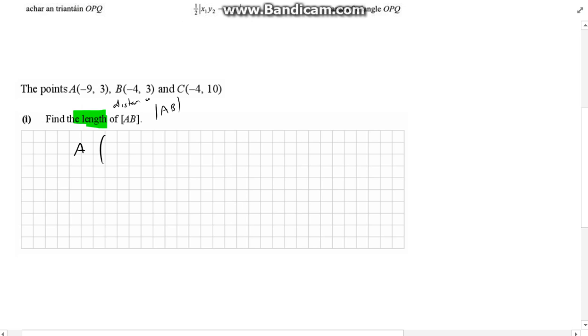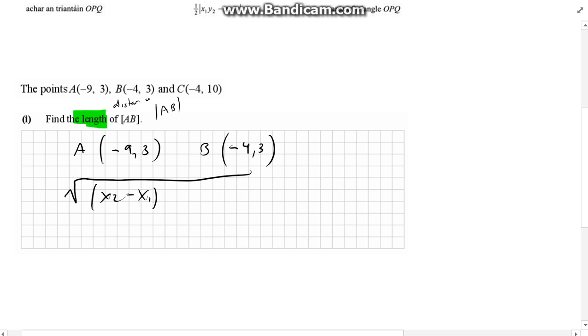So A was minus 9, 3, B was minus 4, 3, and I know it's distance, so I'm going to use my distance formula. So I write my formula: the square root of x2 minus x1 all squared plus y2 minus y1 all squared. Label my points, x1, y1, then x2, y2.